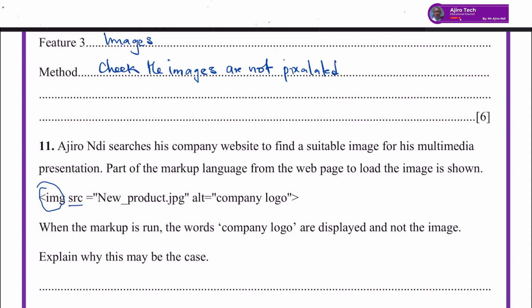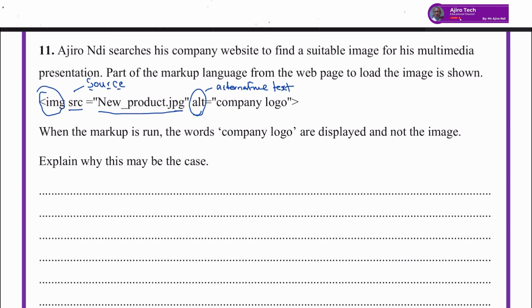This means your source, from the spelling of source, and this is the relative file path. This right here is the alternative text. When the markup is run, the words company logo are displayed and not the image. Explain why this may be the case.